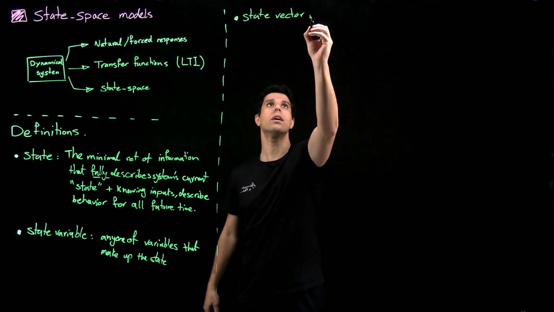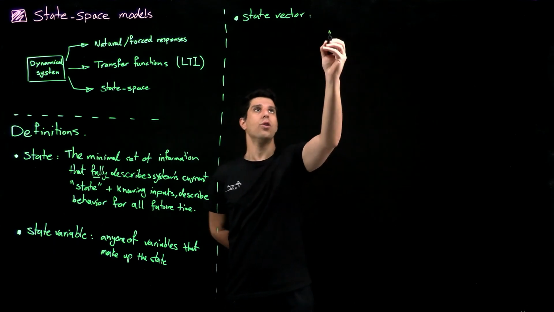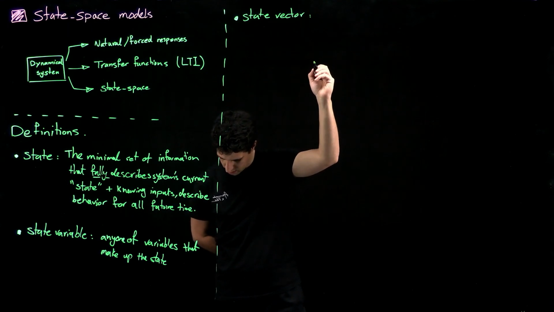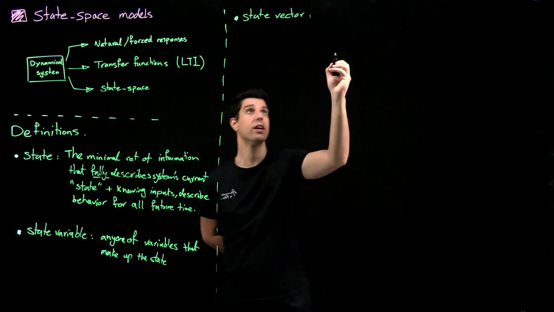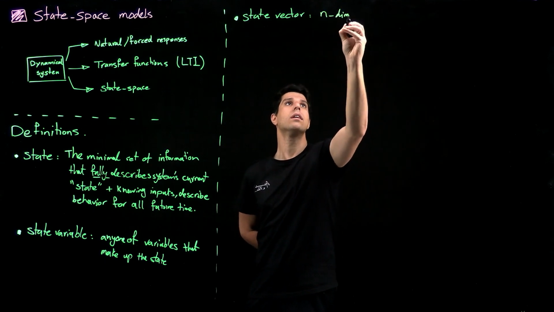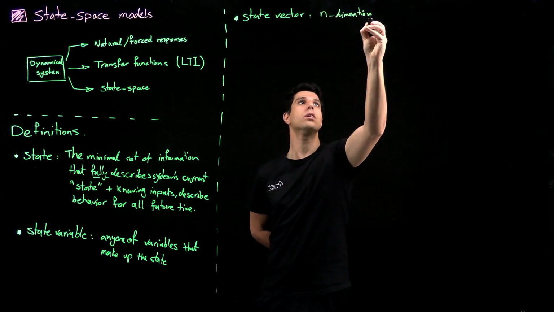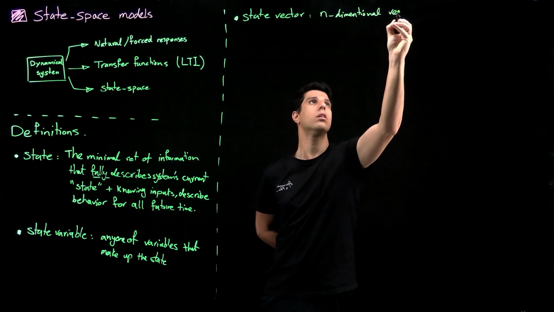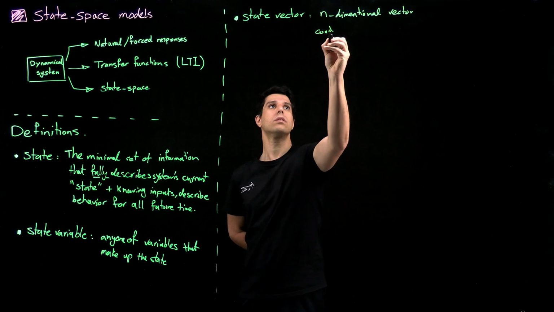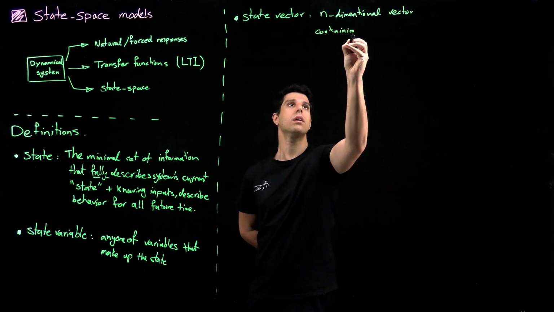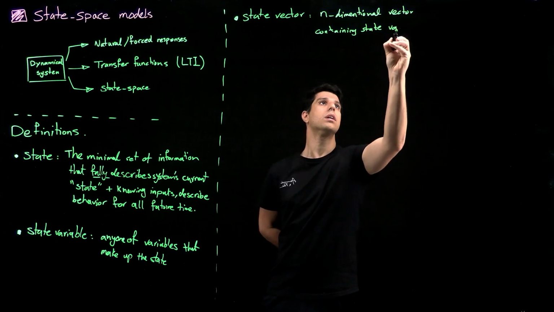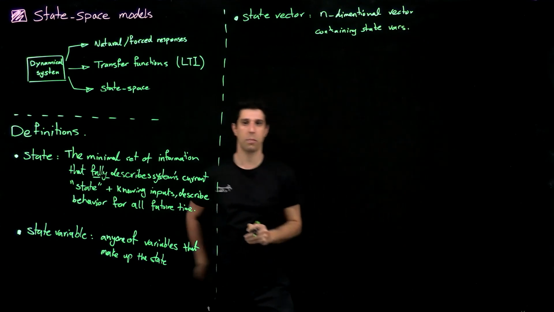So if you have n states, this is an n-dimensional vector containing state variables.